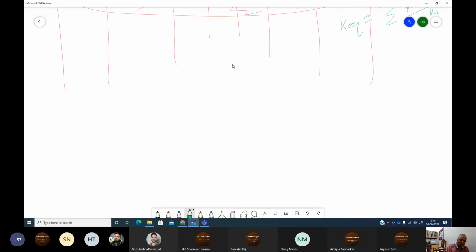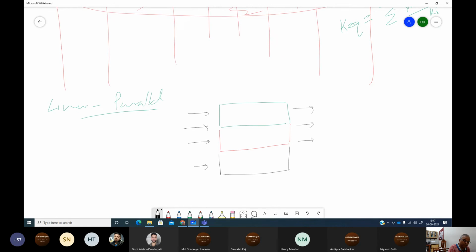Now for parallel, linear parallel. So linear parallel will be something like this. Fluid is coming like that and going out this way. The same Q comes out. K1, K2, K3.